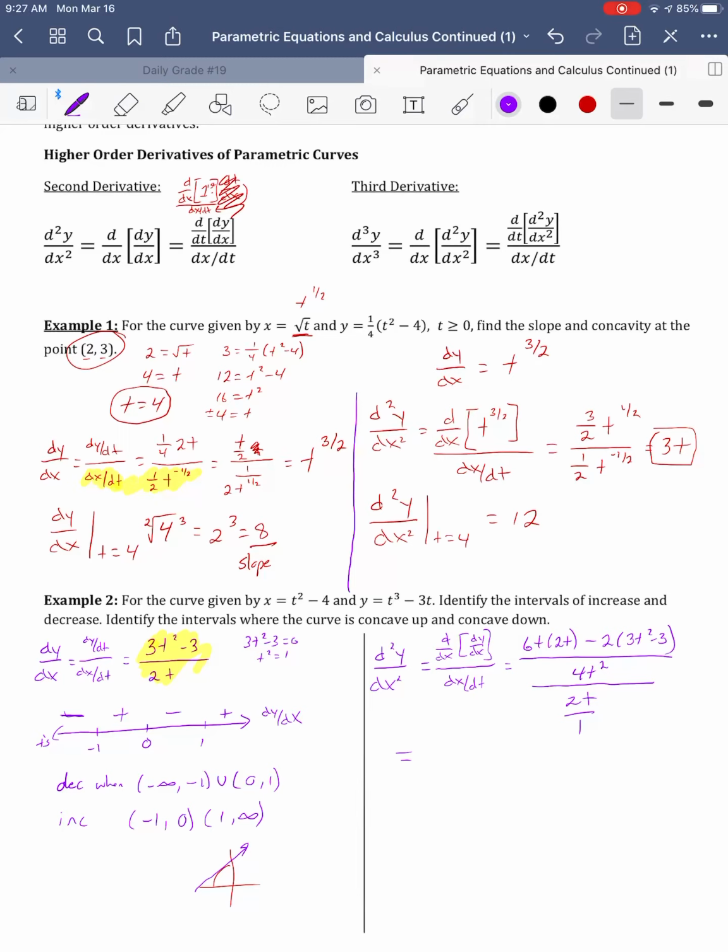So my second derivative, and I want to clean this up, 12t squared minus 6t squared plus 6, all over 6t cubed, which is just 6t squared plus 1, divided by 8t cubed.